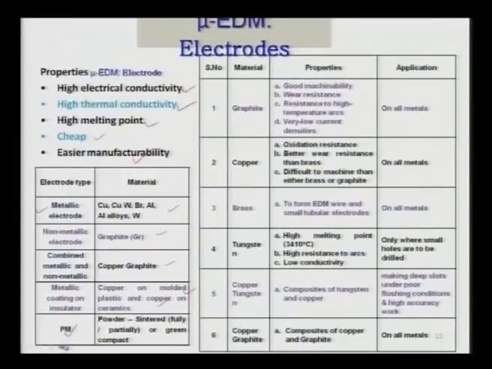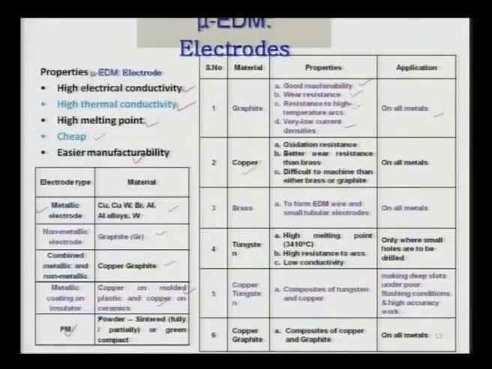There are various kinds of tool materials, as I have just mentioned, and they have certain properties as I have elaborated here. Like graphite, it has good machinability, wear resistance is high, resistance to high temperature is also high, very low current densities, and it can be used on all metals.